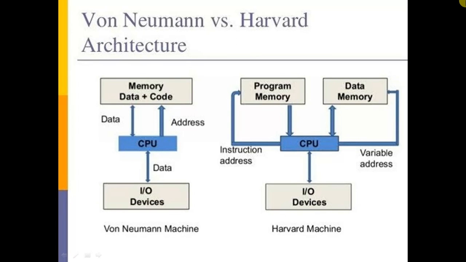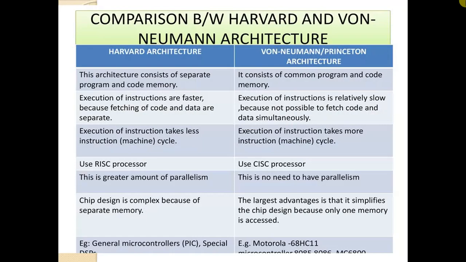So in Harvard architecture, parallelism exists, whereas in von Neumann architecture, there is a single memory unit in which instruction and data is stored. Let us discuss the comparison.